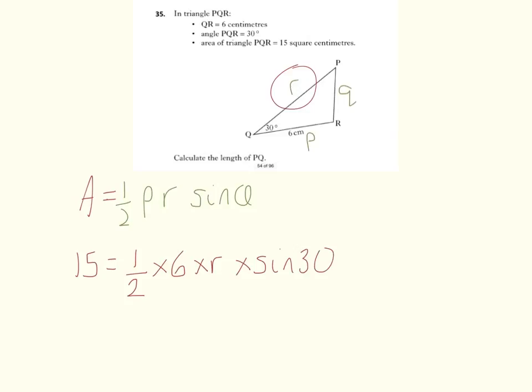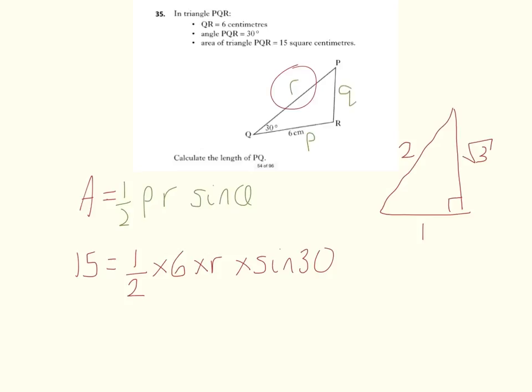This could potentially come up in a non-calculator paper. So how can I calculate sine of 30? If I think back to exact values, I'll just do a wee sketch here. We've got a right angle, and if we have an equilateral triangle of side 2, and we cut it in half, we would have 2, 1, and the height of this, using Pythagoras, 2 squared take away 1 squared, and square root it, would give me square root of 3.